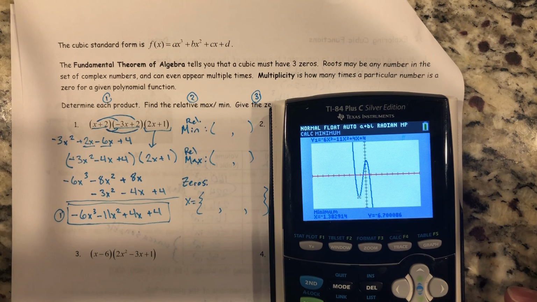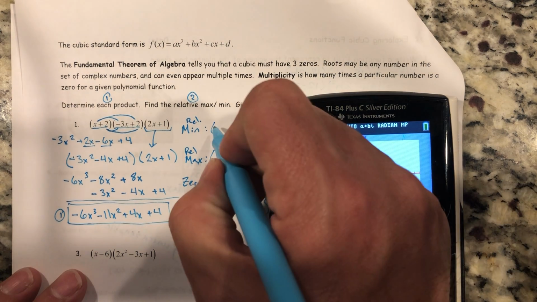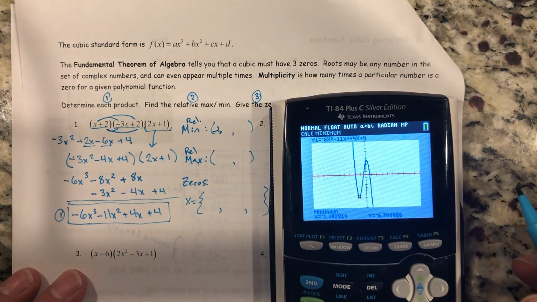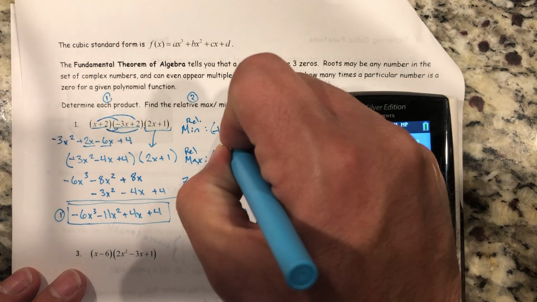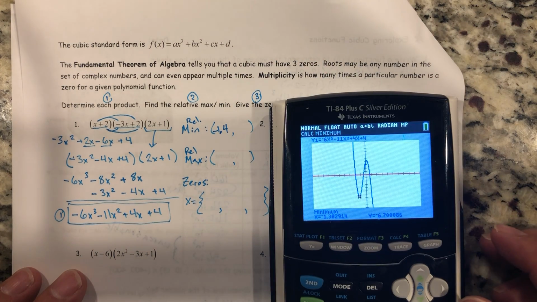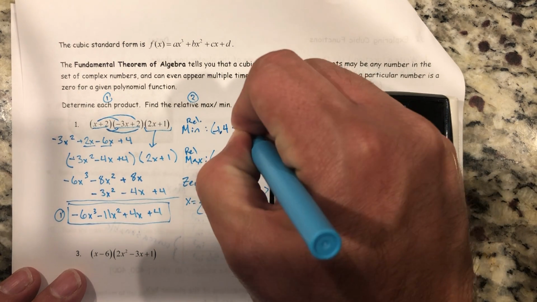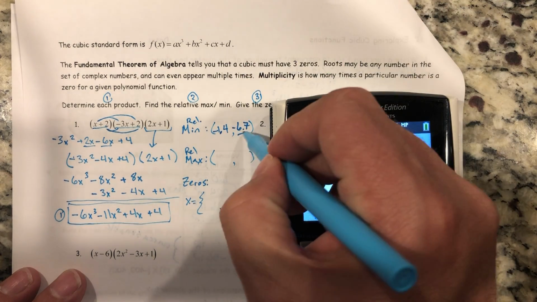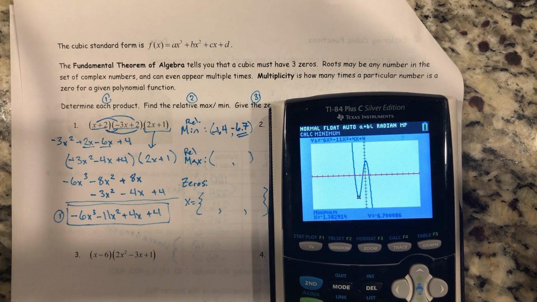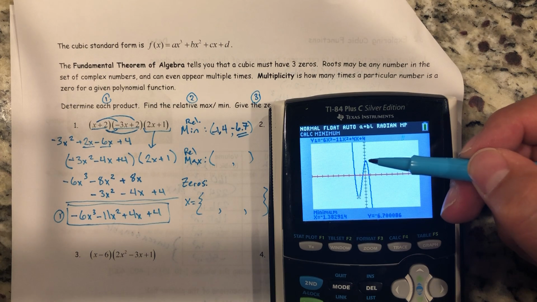Okay, and that gives you negative 1.4. And then the y value is negative 6.7. So negative 6.7. Okay, and again, min, really we focus on the y value, but we can also just write the ordered pair. And then we go ahead and find the maximum.